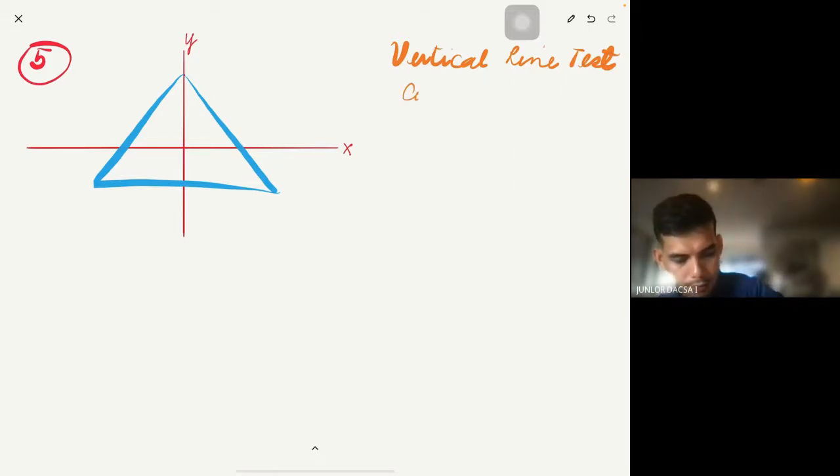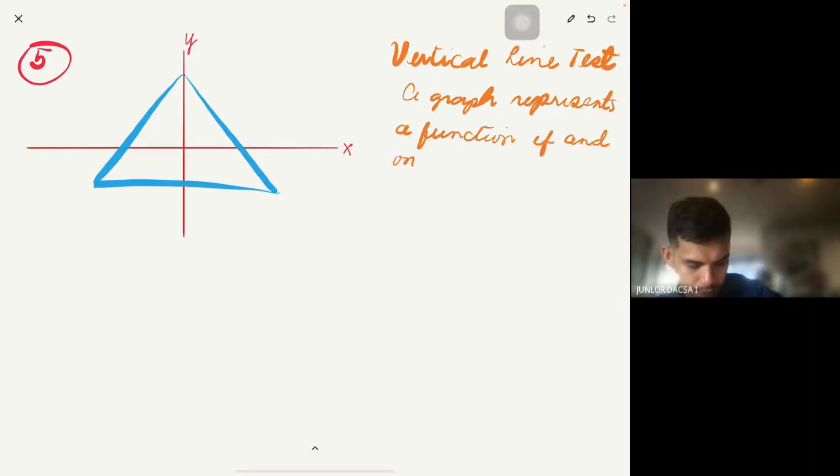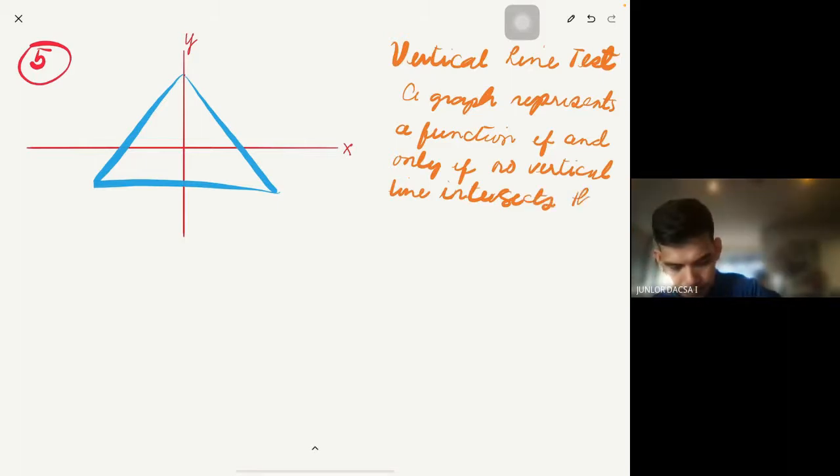Ibig sabihin, a graph represents a function if and only if no vertical line intersects the graph at more than one point. Ito yung konsepto ng vertical line test.